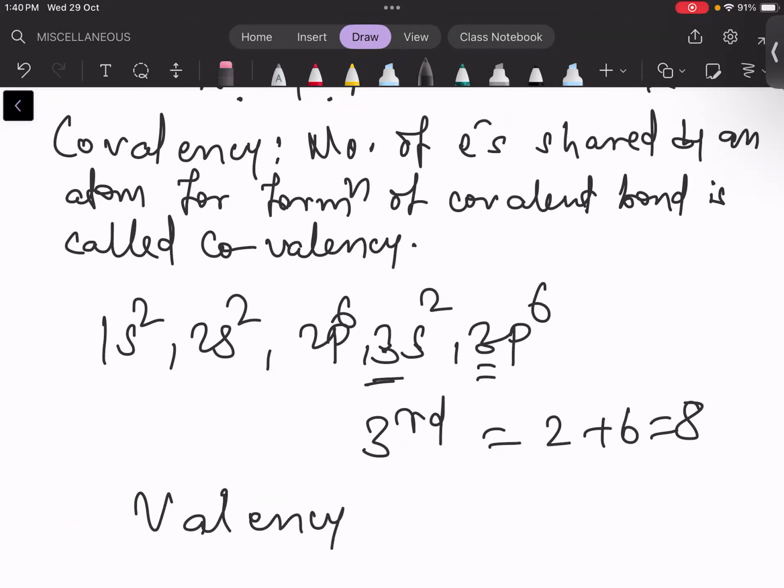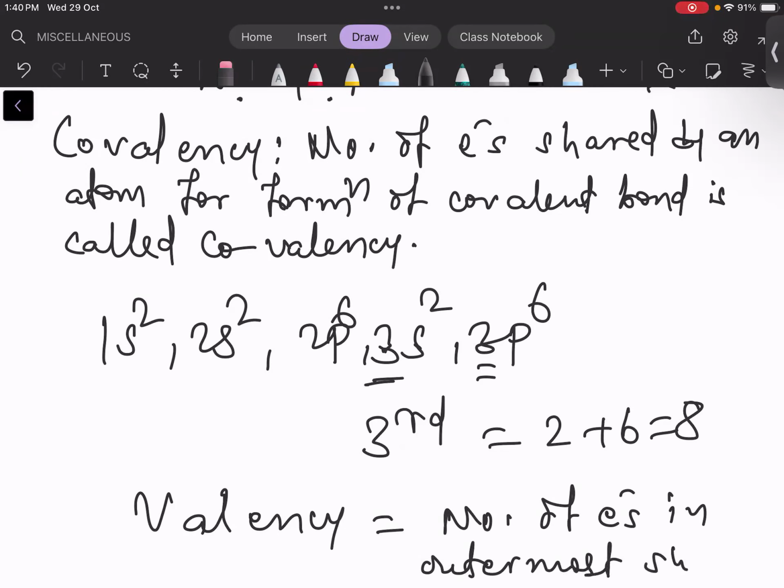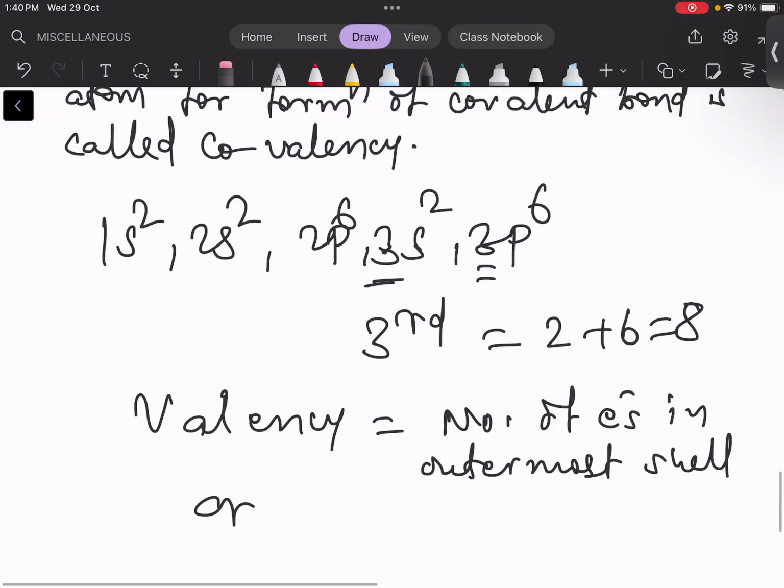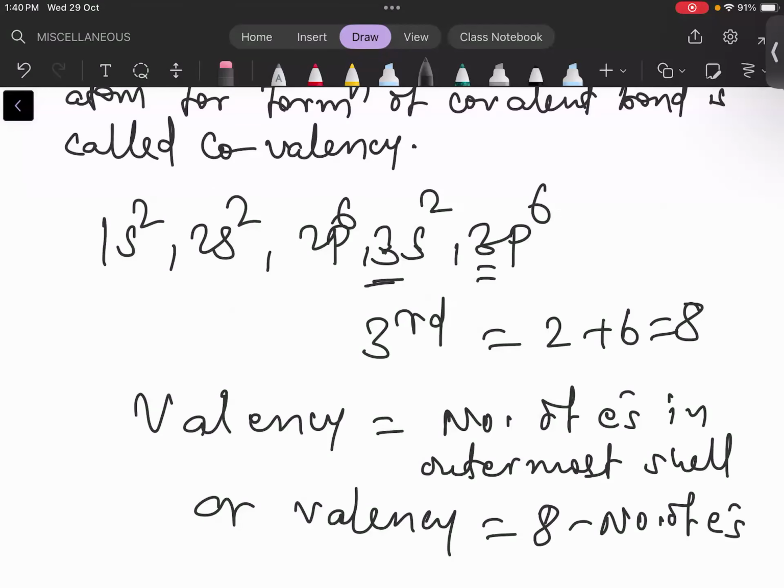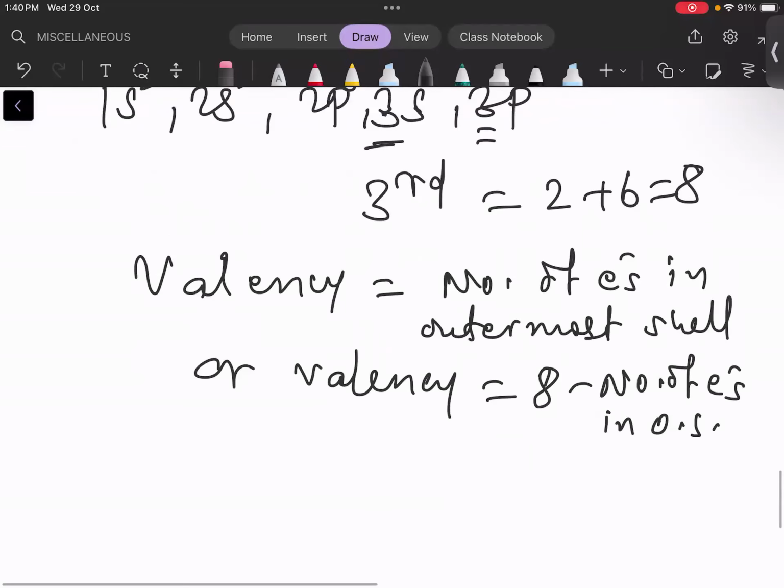Valency is equal to the number of electrons in the outermost shell, or valency is equal to 8 minus the number of electrons in the outermost shell. Up to 4, valence electrons are equal to valency. After 4, it is 8 minus the number of valence electrons. So 8 minus 8, valency is 0.